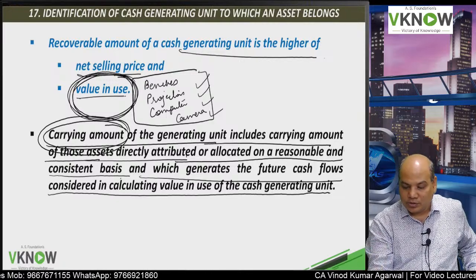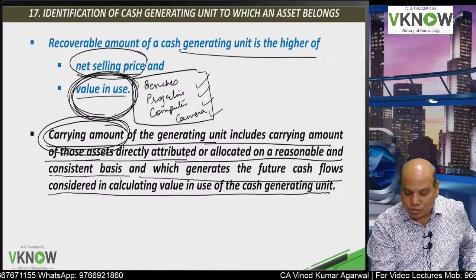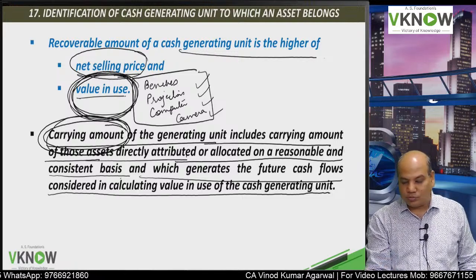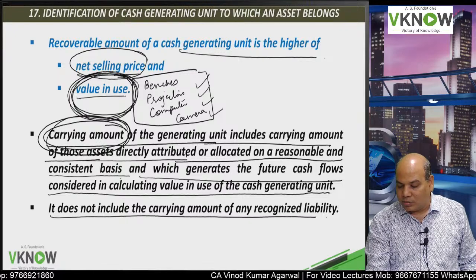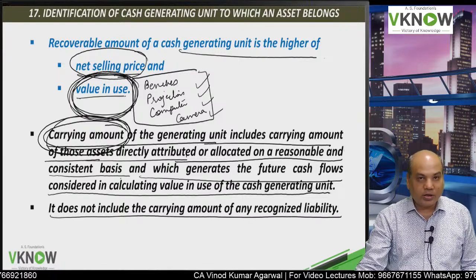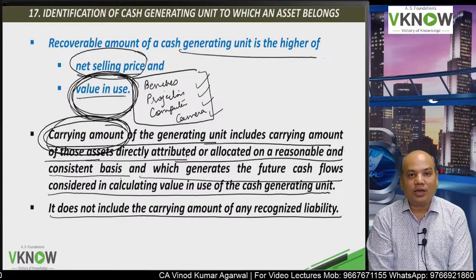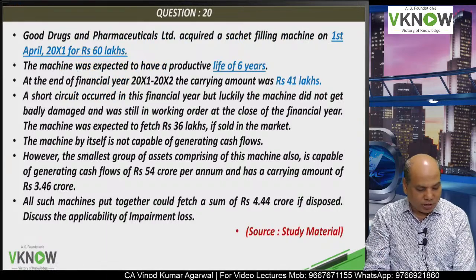Same item should be considered here also. It does not include the carrying amount of any recognized liability. So CGU will not include carrying amount of any recognized liability. So that is about CGU.